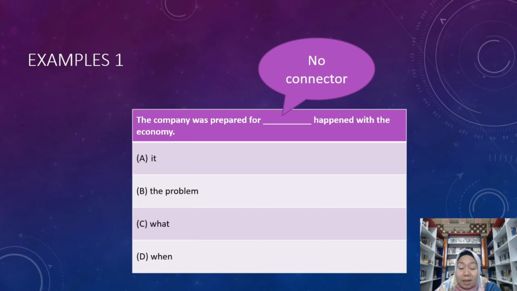So we need a connector here. It should be between what or when. And as I told you previously, only a few connectors can also function as the subject. There are three actually, and one of them is what. So the answer is what.